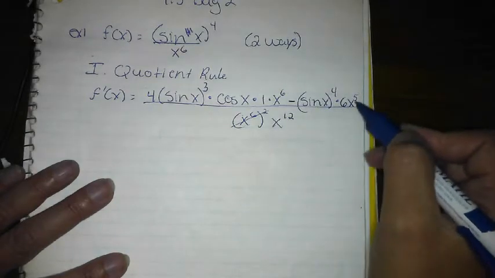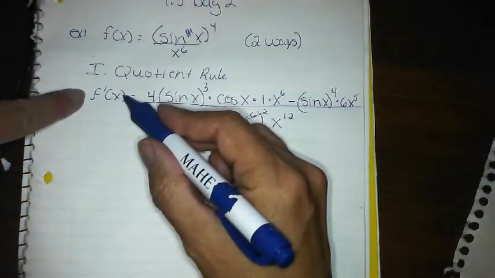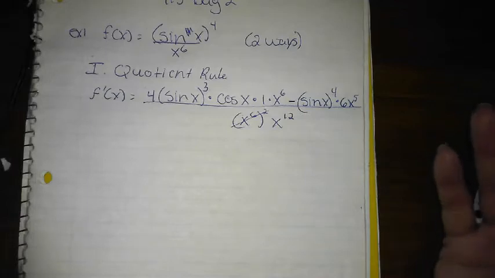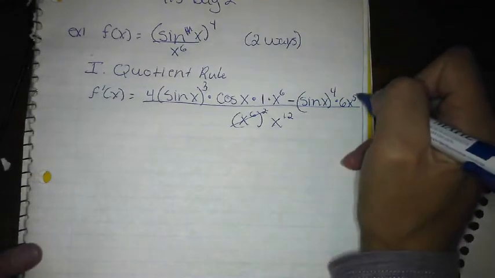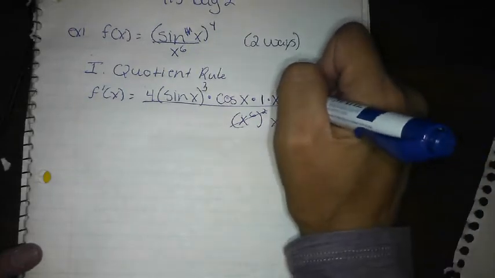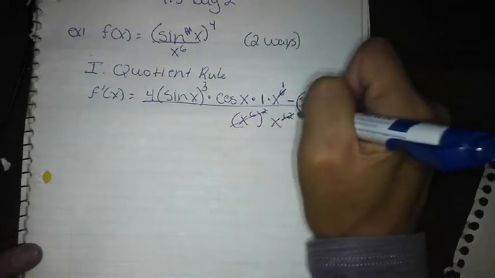Second basket has 5, bottom has 12. I would be able to basket factor out 5 of them and then cancel. But we can skip that basket factoring step and just cancel. So I'm going to cancel all 5 of these. There will be 1 of these left, so x to the 1st, and you cancel 5 of these, leaving you with 7.